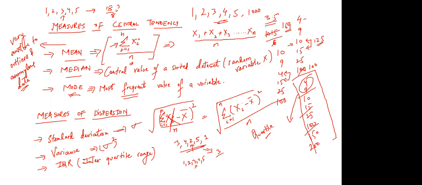Okay, then there is one more thing, very sensitive. Mean is very sensitive to outliers and anomalous data. So this is a very important point. Mean is very sensitive to outliers and anomalous data. क्या कोई मुझे बता सकता है कैसे, क्यों, why is this statement true?